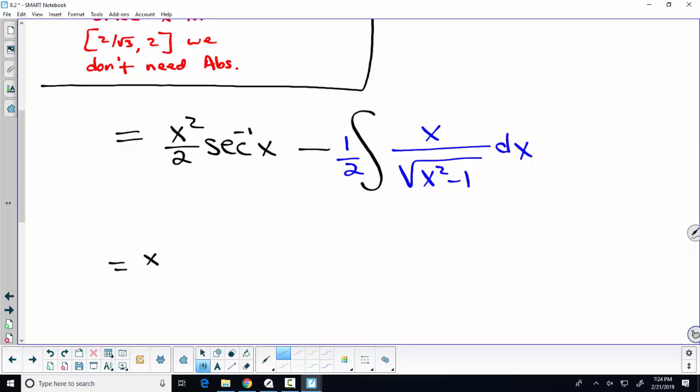So how do we integrate that? X over root x squared minus 1. Yeah, with u equal to x squared minus 1, yep. U substitution, u is x squared minus 1.